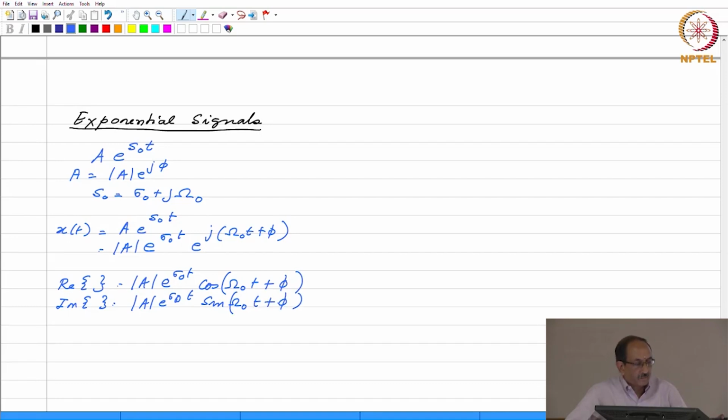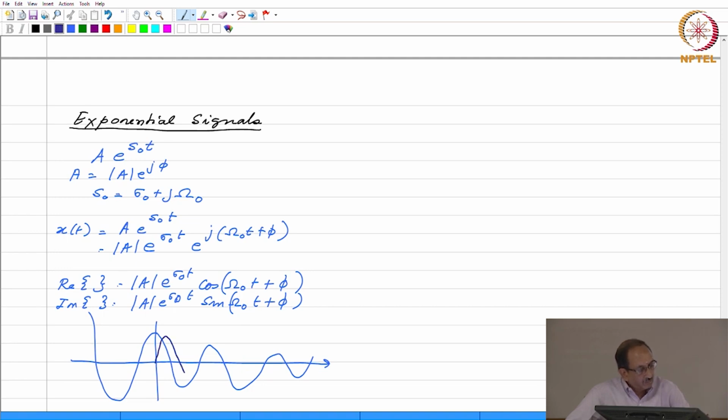So these are the real and imaginary parts, and the picture associated with this is something like this. And remember, this is what is called the everlasting exponential, and so a rough picture. So these are the real and imaginary parts.